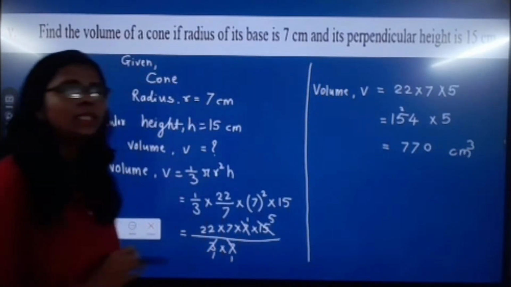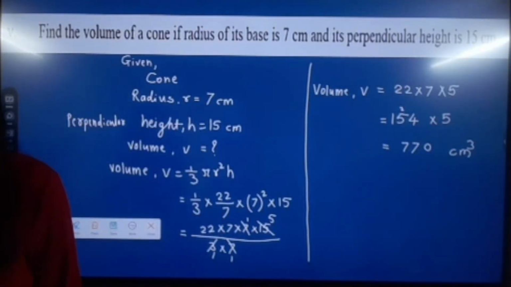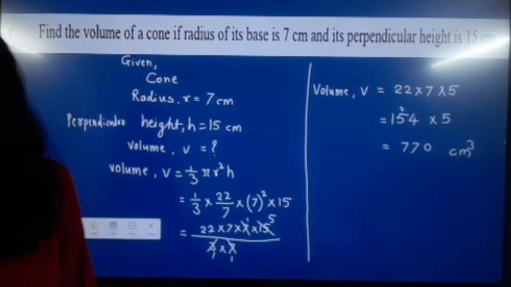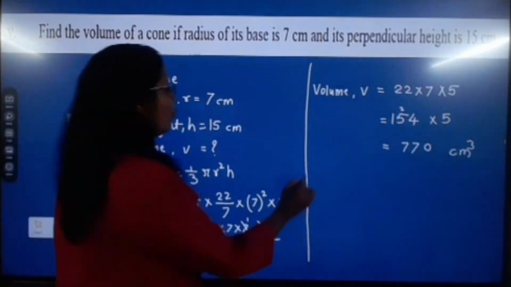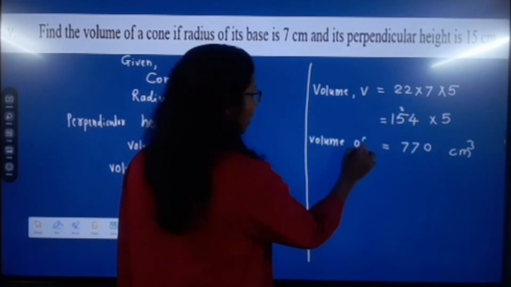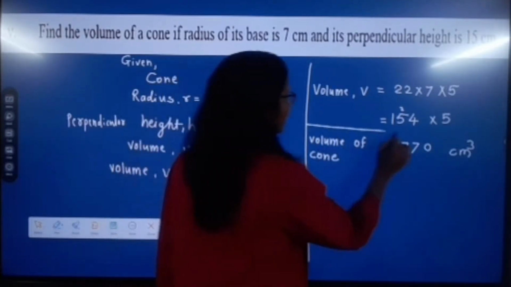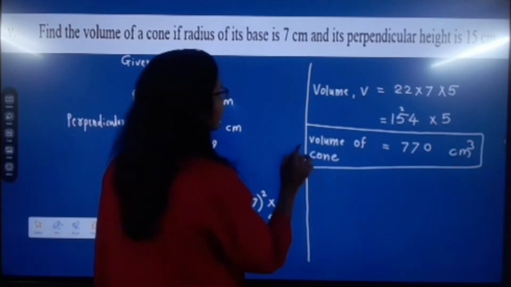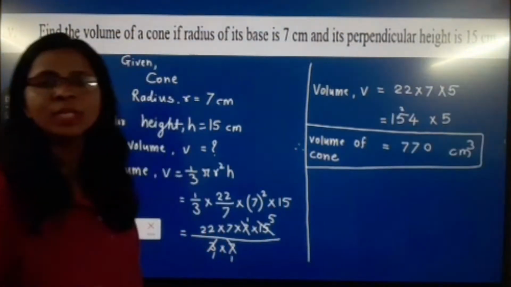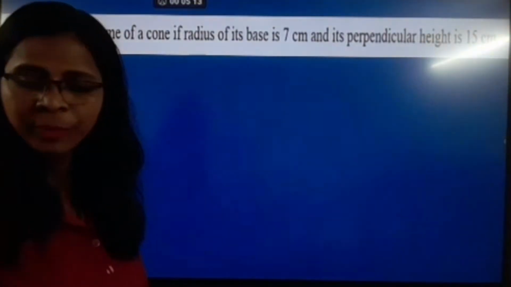Okay, 770 cubic centimeter, students. Okay, that will be our final answer. So here we write down that volume of cone. Finally we write down volume of cone is equal to 770 cubic centimeter. Okay students, then see the next one example.